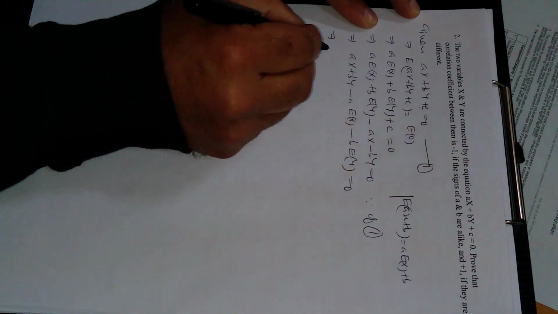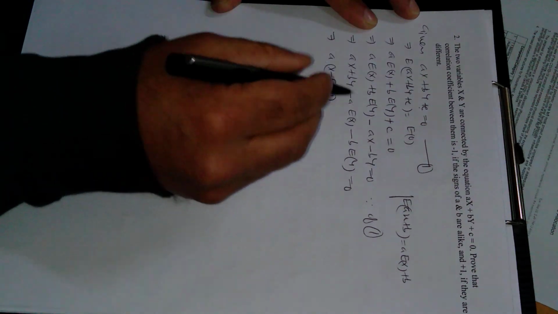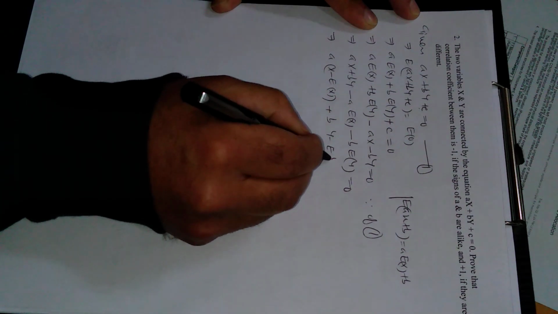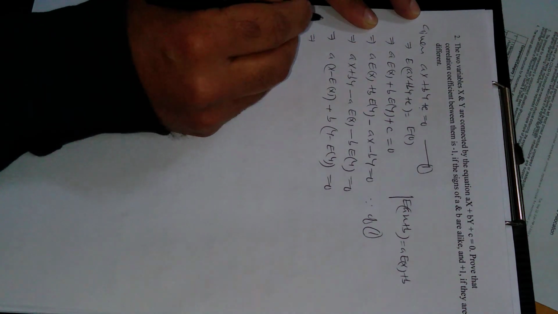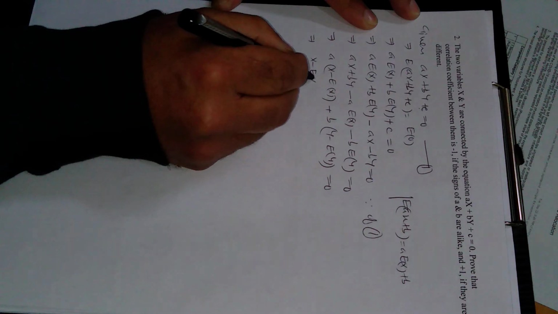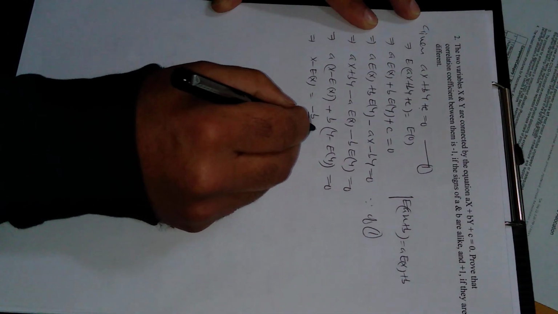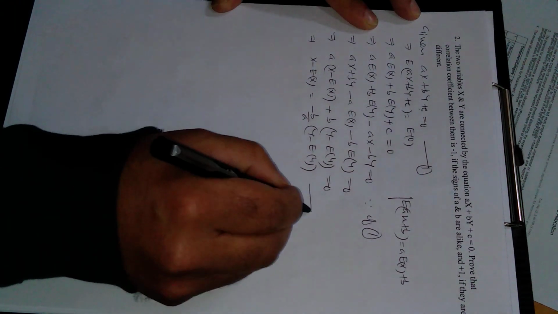This further implies a is common, x minus E of x, similarly, b is common, y minus E of y is equal to 0. This further implies x minus E of x is equal to minus b upon a times y minus E of y. Let us call this number 2.